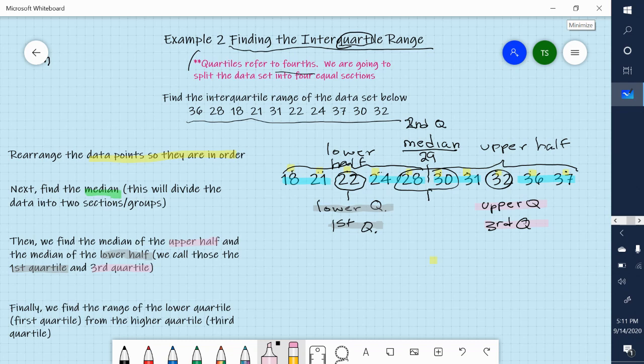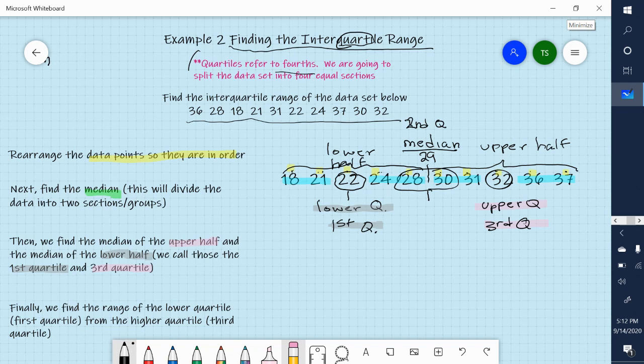Our last step, you're almost there, people, hang in there, is to find the interquartile range. We have a quartile that's our lowest quartile, and then we have our quartile, which is the highest quartile. The range is the difference between the highest and the lowest.